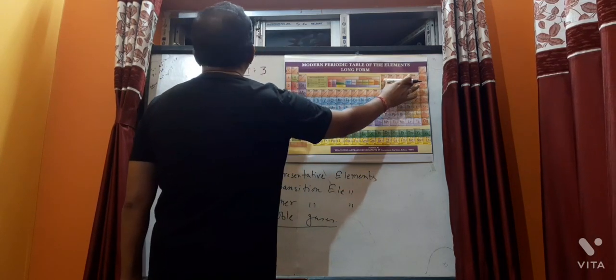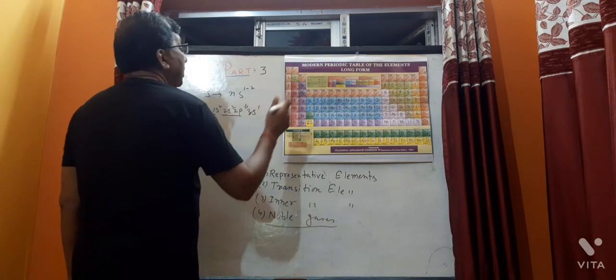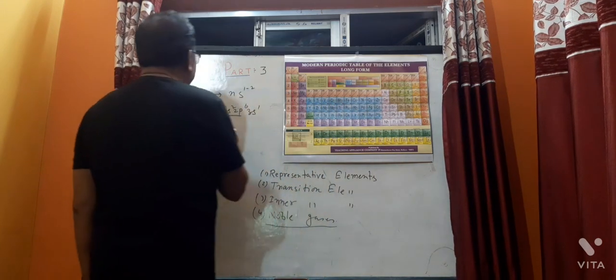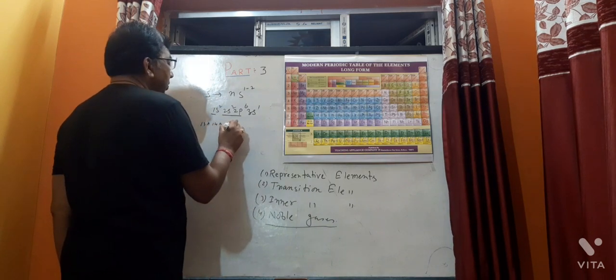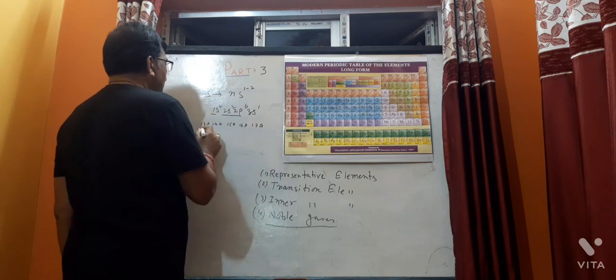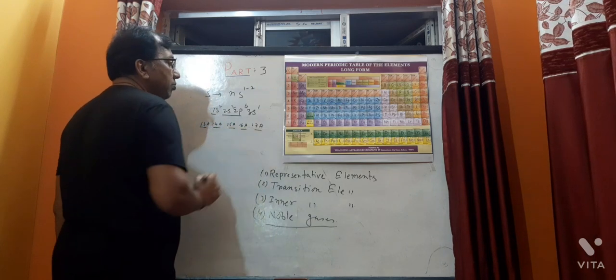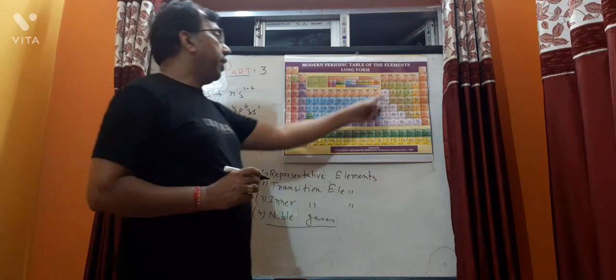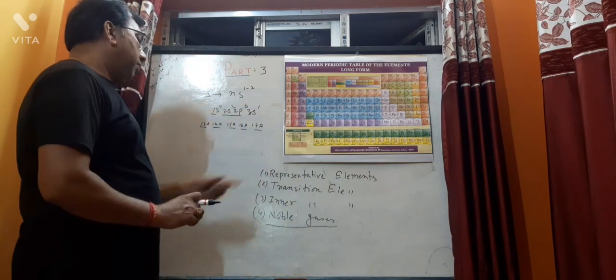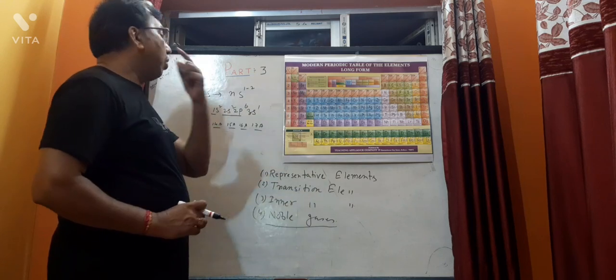So what will be the configuration of p block elements? 13A, 14A, 15A, 16A, 17A: 1, 2, 3, 4, 5. These 5 groups are the representative p block elements.